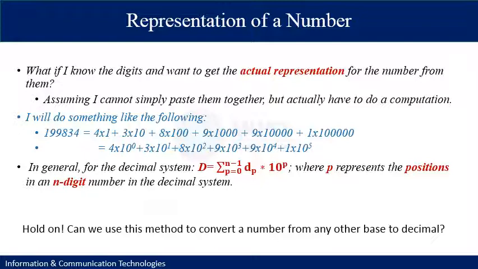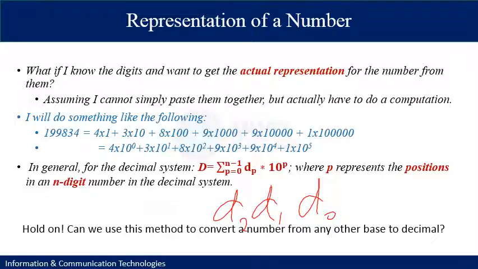If we represent the digit of the number with d, and each digit has a location, we may have this form of number representation.